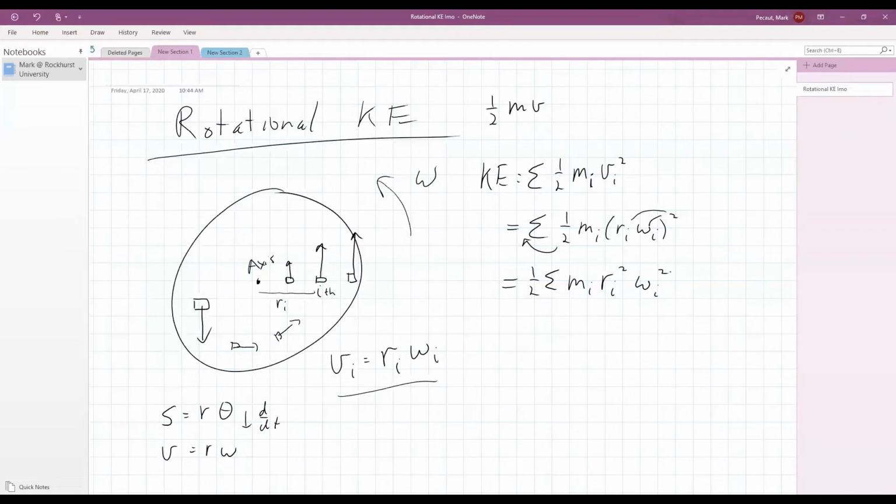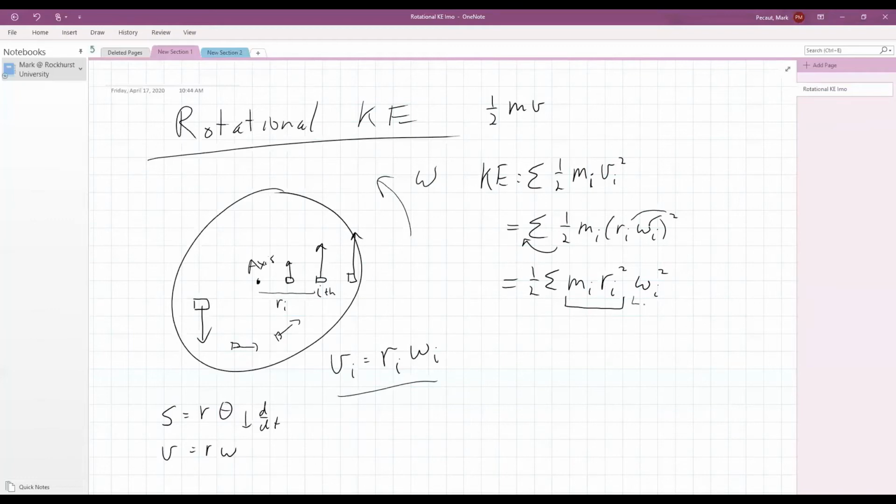Now it's looking a lot more like something that we can apply our definitions of our rotational entities to. So the 1/2 is out front, and that's in every term. This term looks kind of like a moment of inertia, right? We're summing all the m sub i, r sub i squared.